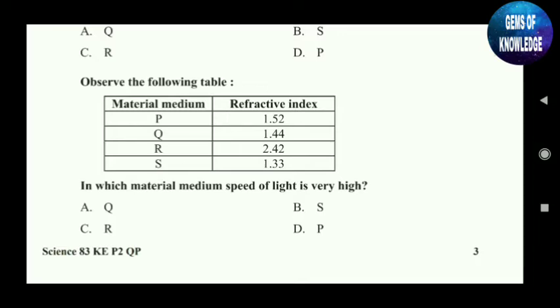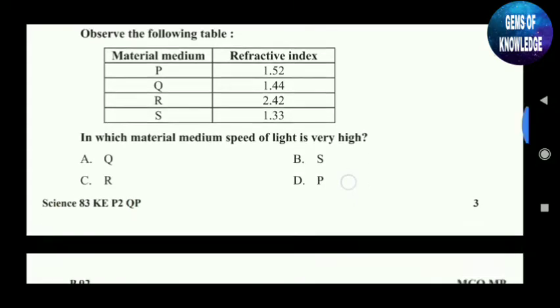Among all four, S is the lesser one, that is 1.33. So you can search for the option S here. Option B shows the correct answer as S. Because it has the lesser refractive index, its speed of light will be very high. So the answer is B, that is S.